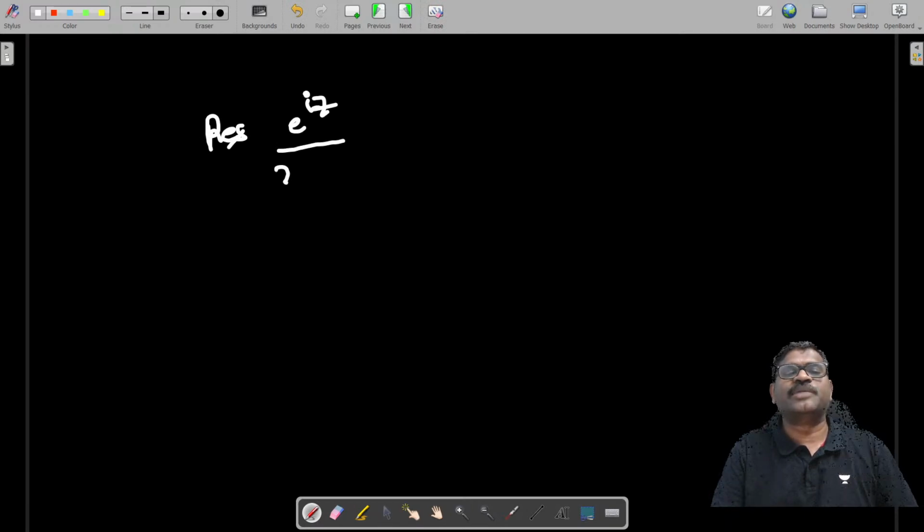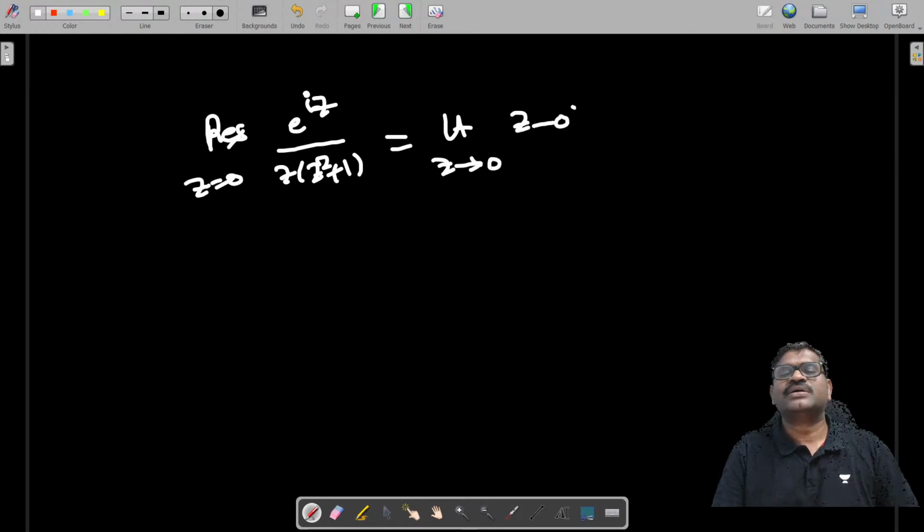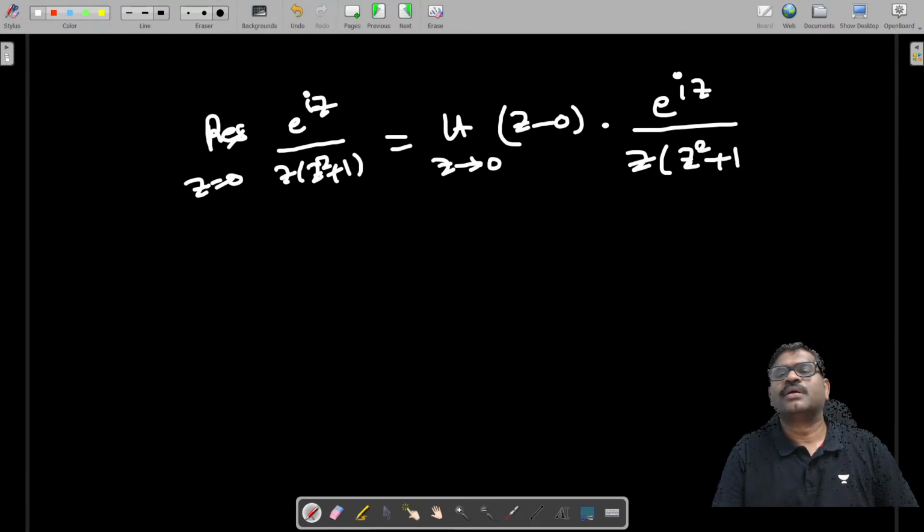The residue of e^(iz) by z into (z square plus 1) at z equal to 0 is the limit as z tends to 0 of (z minus 0) into e^(iz) by z into (z square plus 1). The z cancels.